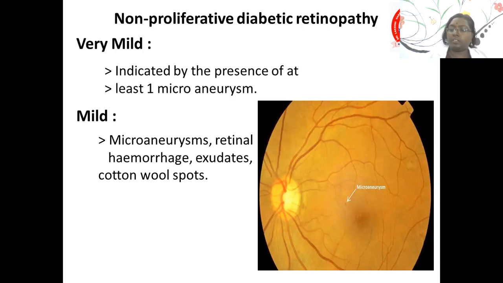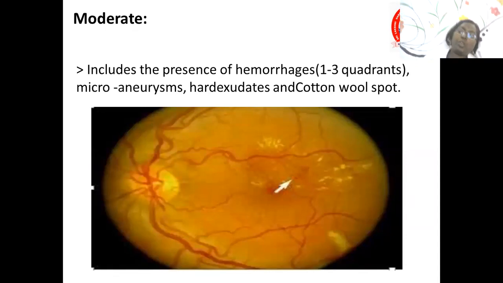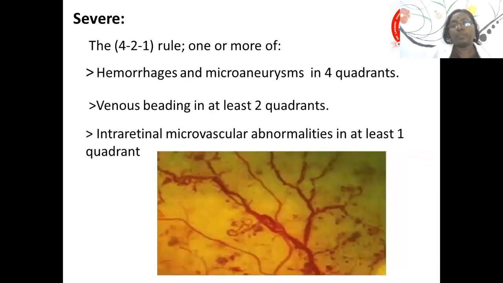Exudates can be there, and nerve fiber layer infarcts, that is, cotton wool spots, can be seen. In moderate NPDR, hemorrhages can be seen in 1 to 3 quadrants. Microaneurysms, hard exudates and cotton wool spots can be seen.